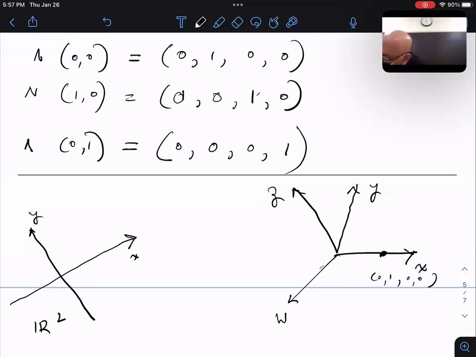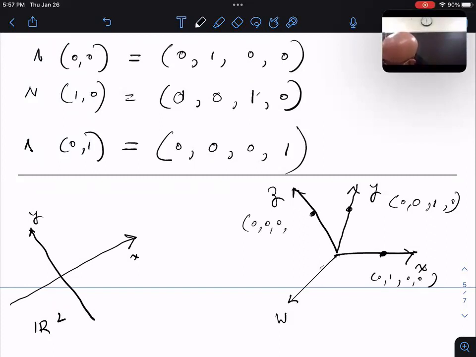Now 0, 0, 1, 0. So that's here, right? And 0, 0, 1, 0. And then what's the other one? 0, 0, 0, 1. 0, 0, 0, 1 is here.